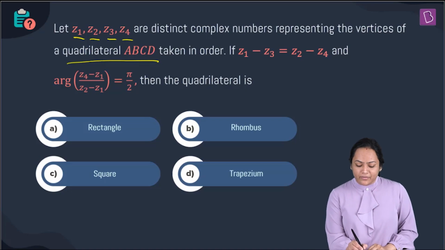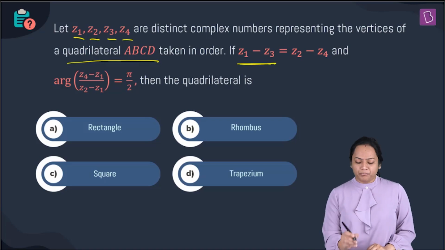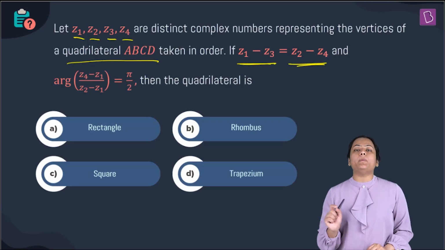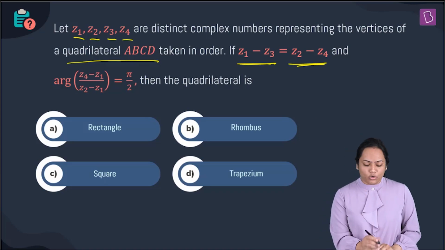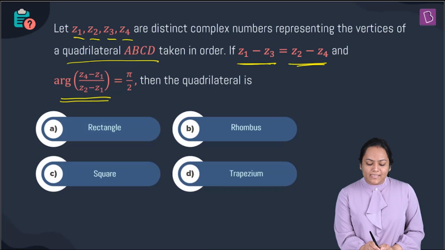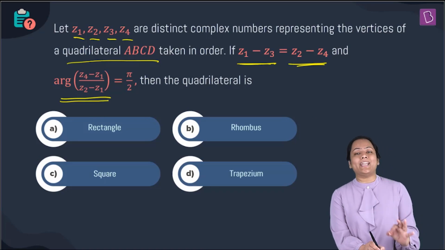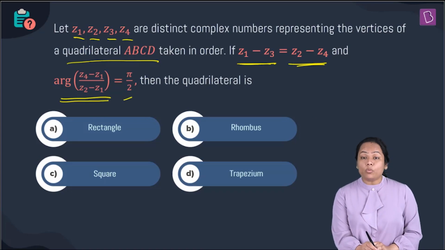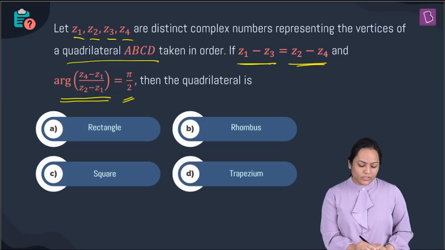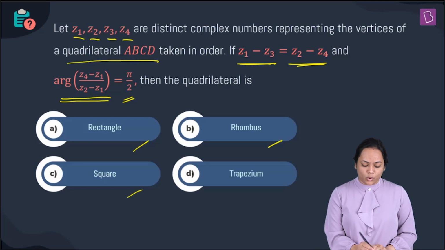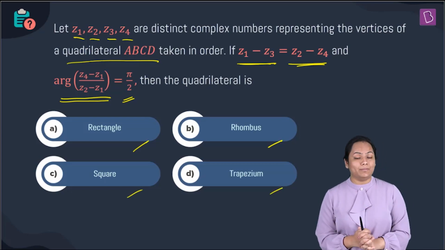Further, they have said if Z1 minus Z3 is equal to Z2 minus Z4, and argument of (Z4 minus Z1) divided by (Z2 minus Z1) is equal to pi by 2, then what is this quadrilateral? Is it a rectangle, a rhombus, a square, or a trapezium?